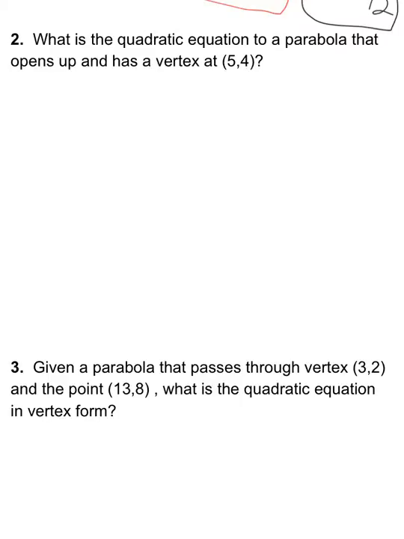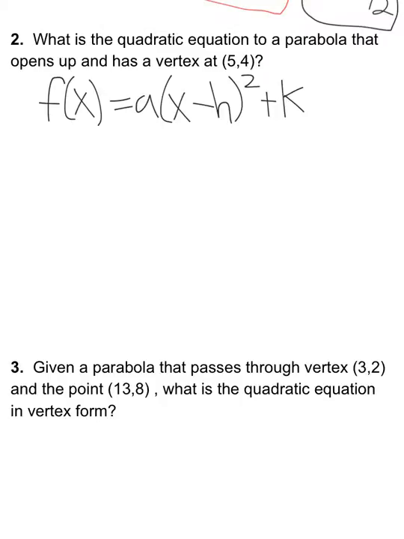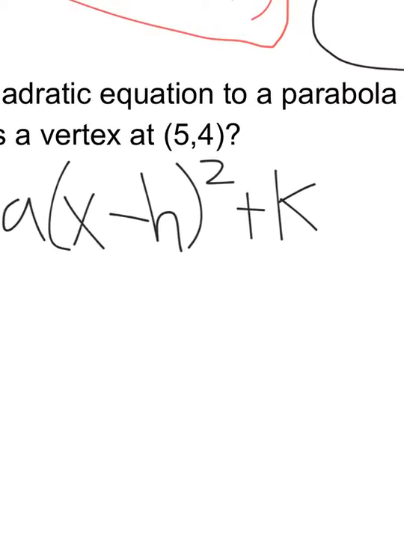So number 2, what's the quadratic equation to a parabola that opens up and has a vertex at (5, 4)? So we need to write a quadratic function in vertex form. Your vertex form is a times (x minus h) squared plus k. So the 5 and 4 are your h comma k.